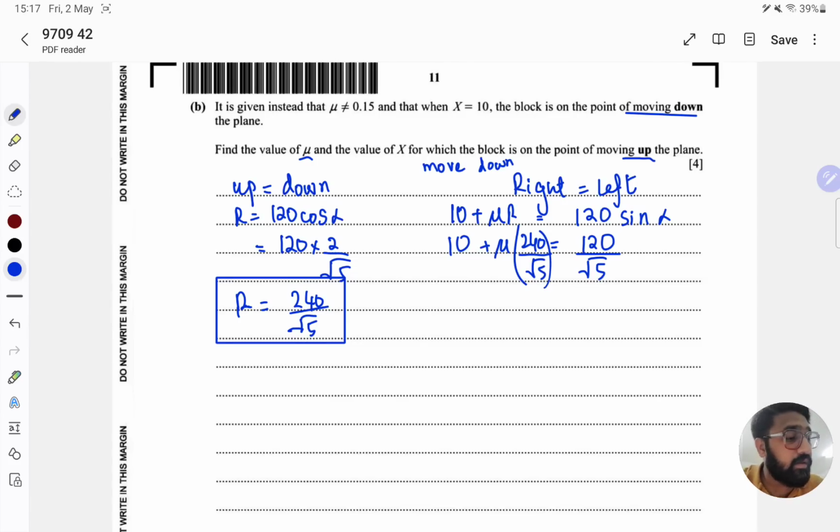It will be 43.6656, which will be equal to 240 over square root of 5 mu.